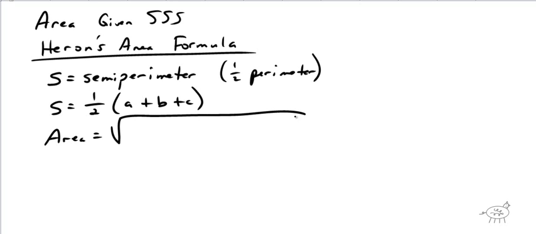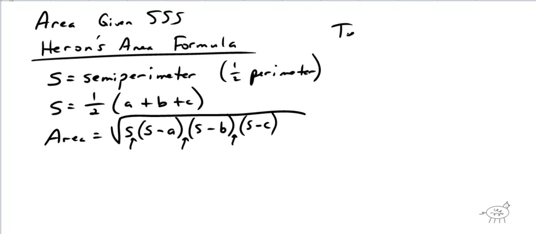It's the square root of S, the semi-perimeter, times S minus A, times S minus B, times S minus C. Again, it's all multiplication right here and here and here. And that's it. So first thing, I want to show you here is let's test it on something we know.